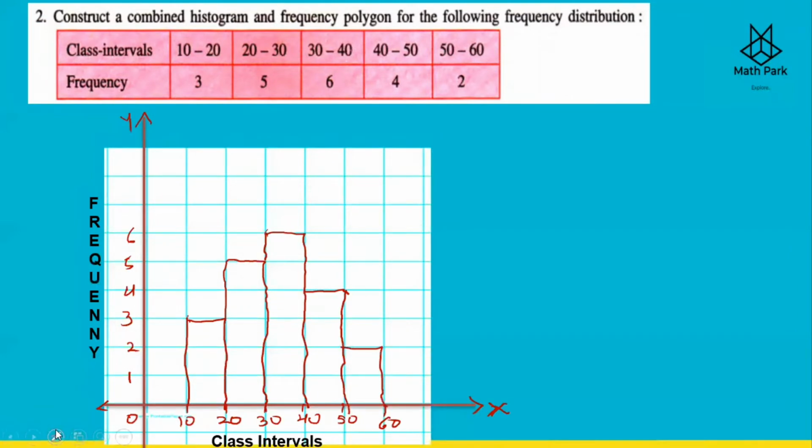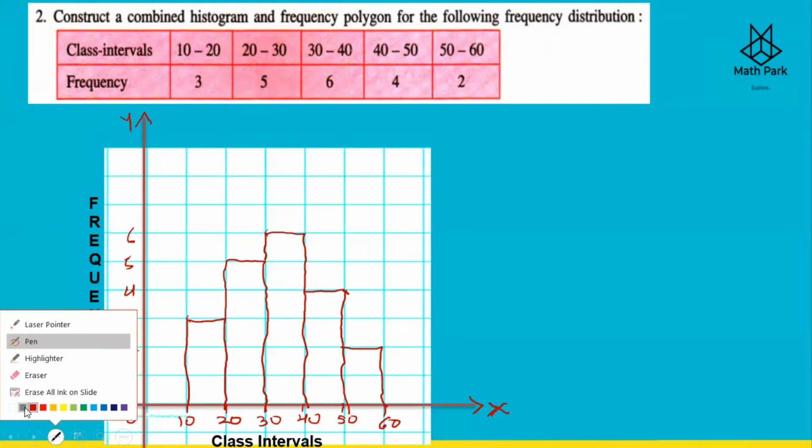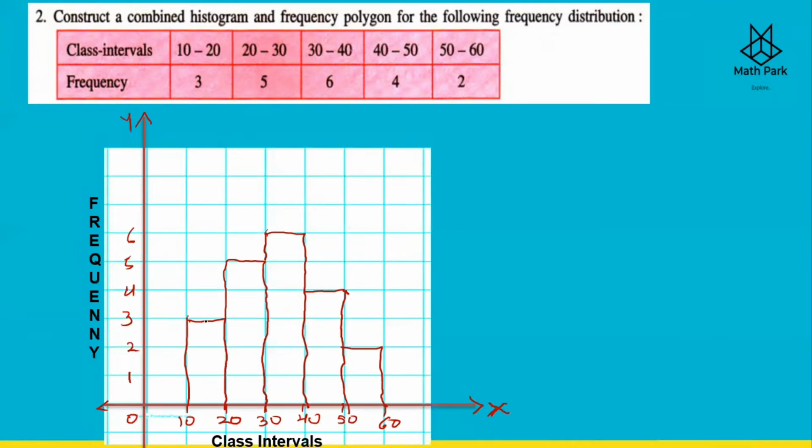Now you have to draw the frequency polygon. So we take the midpoints of the class intervals. From the histogram, it is very easy to take the midpoint. Otherwise, from the table, we'll have to take one column for the midpoint. We take the midpoints of these rectangles' width, taken halfway.